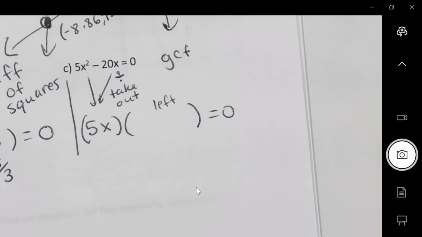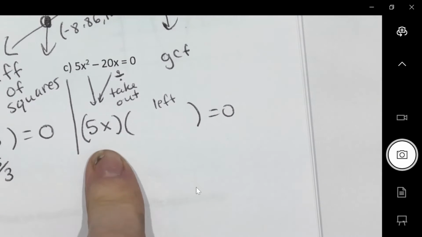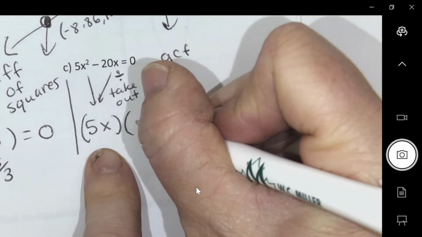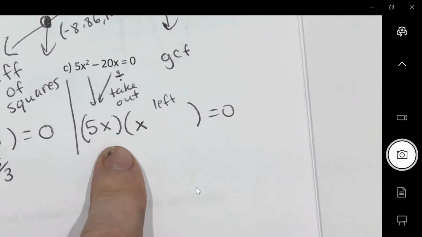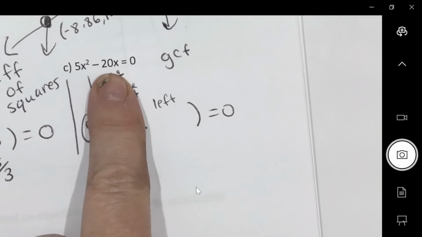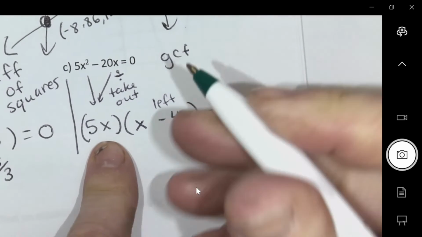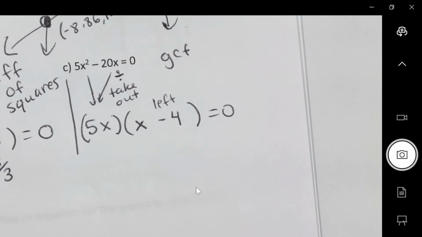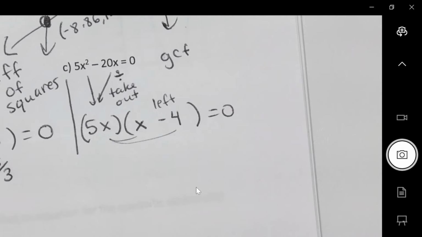Okay, so what happens to the 5x squared if it's divided by 5x? What do I have left? X. Negative 20x divided by 5x would be minus 4. By the way, you can check, because you're better at going forward.